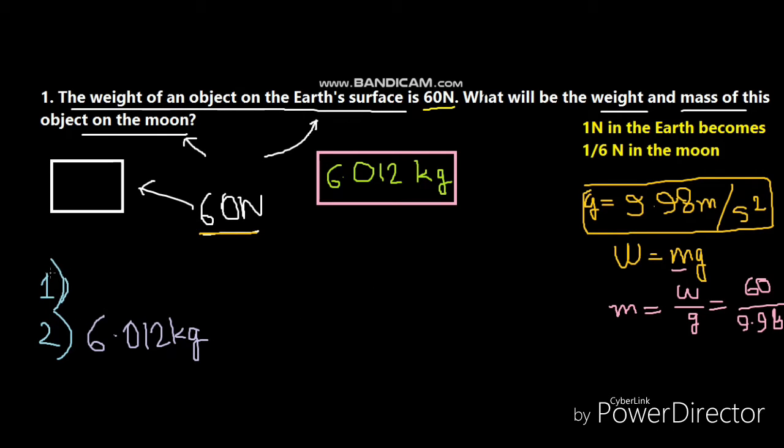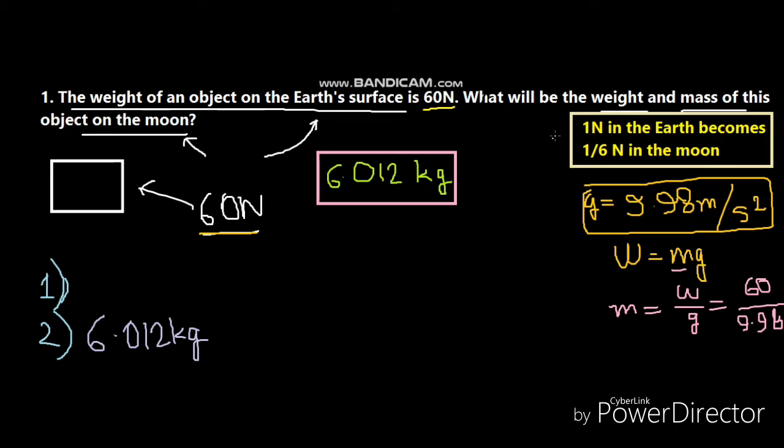And let's find out the weight now. You may have noticed this text here: 1 Newton on the earth's surface becomes 1 by 6 Newton on the moon's surface.